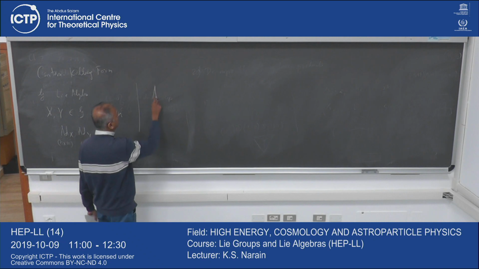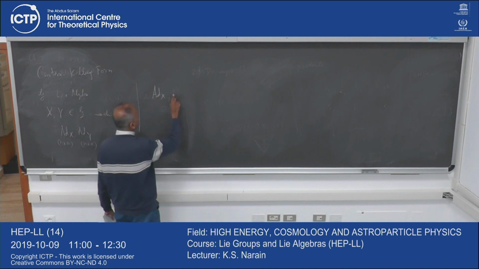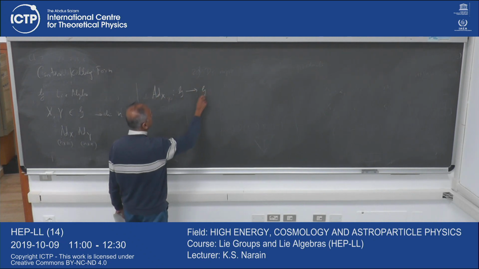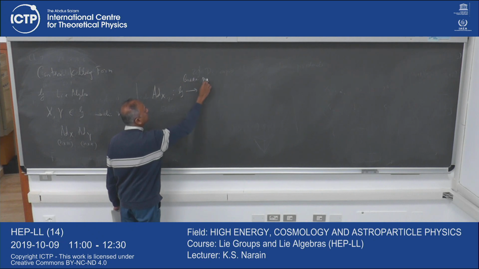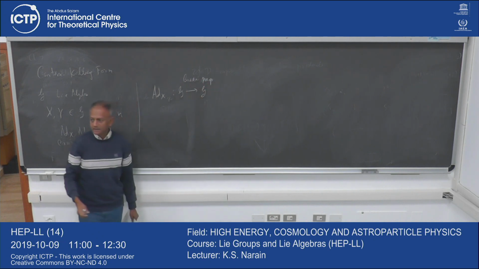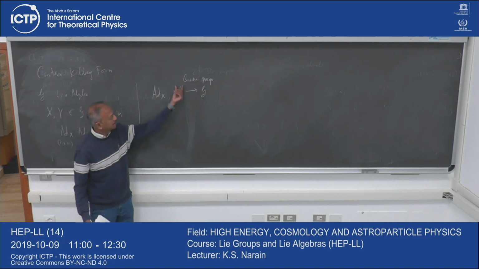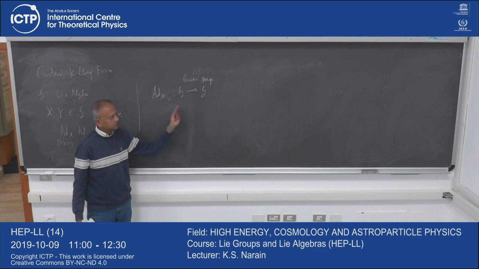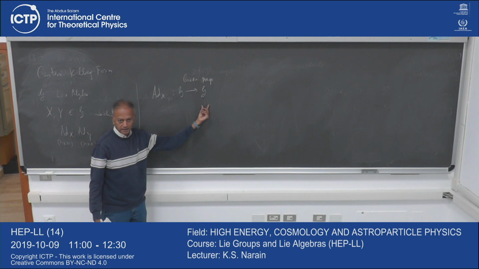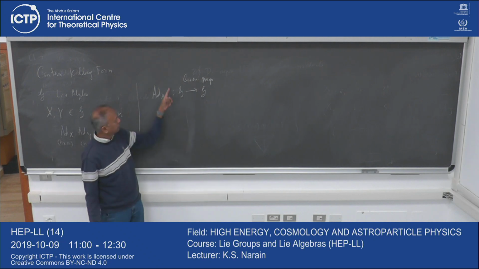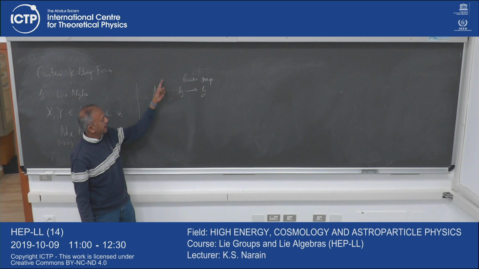Because ad X maps G to G. A linear map is a linear map, and any linear map you can write as a matrix. Now G is an n-dimensional vector space, so this is mapping n-dimensional to n-dimensional in a linear way. Therefore I can always think of it as an n by n matrix.